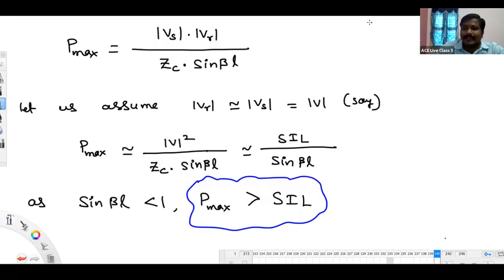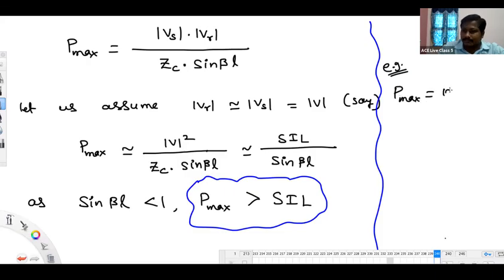Loading greater than SIL. For example, for your understanding, let us say Pmax is 1000 megawatts and the SIL is 620 megawatts. The loading you keep has to be less than P maximum.